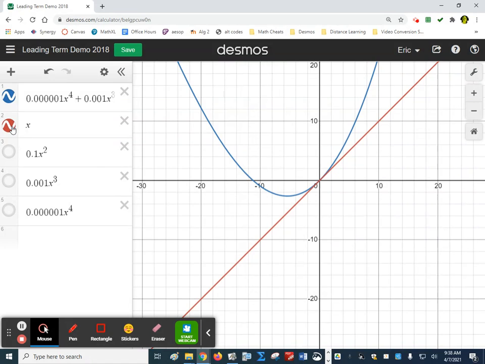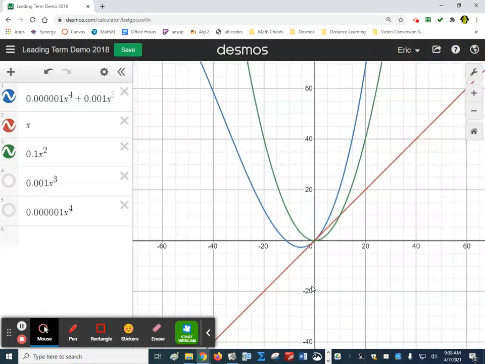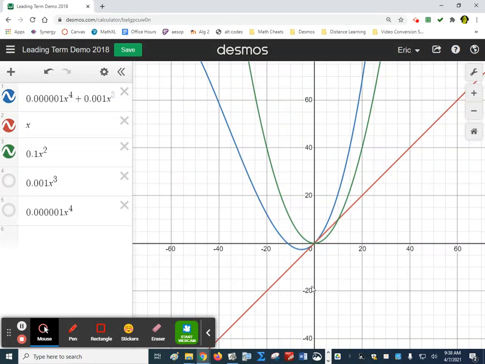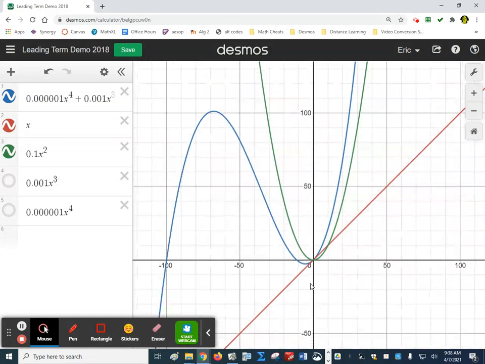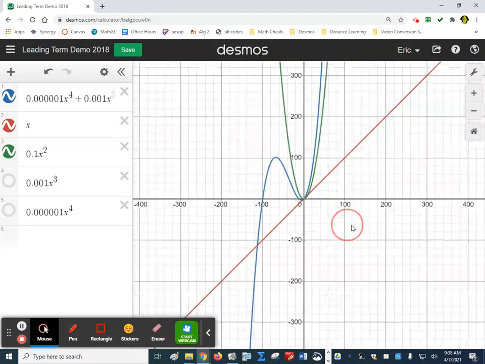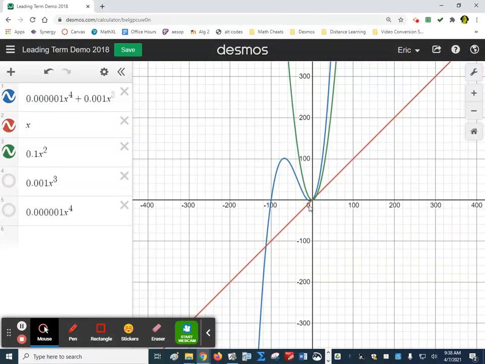I've zoomed out a little bit and X doesn't match it very well. Now that polynomial seems to match it better, doesn't it, as I zoom out? The green one. Everybody agree? Okay, but if I keep zooming out, the green one all of a sudden doesn't start to match it very well because it deviates away again, right?